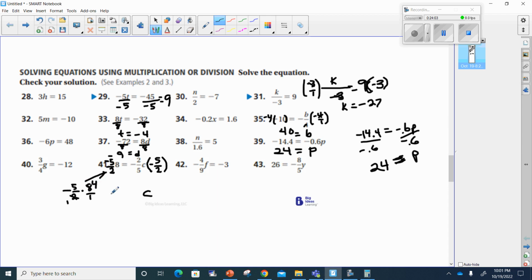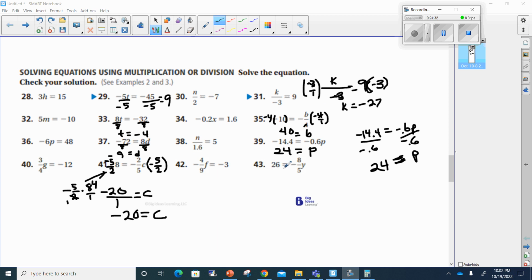Now, negative 5 times 4 is negative 20. And 1 times 1 is 1. Anything over 1 is itself, so that tells me that negative 20 is equal to C.